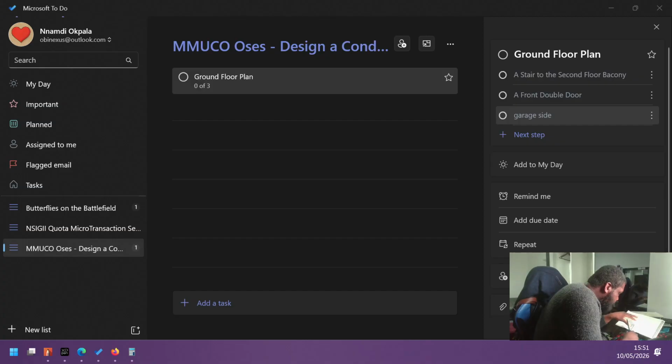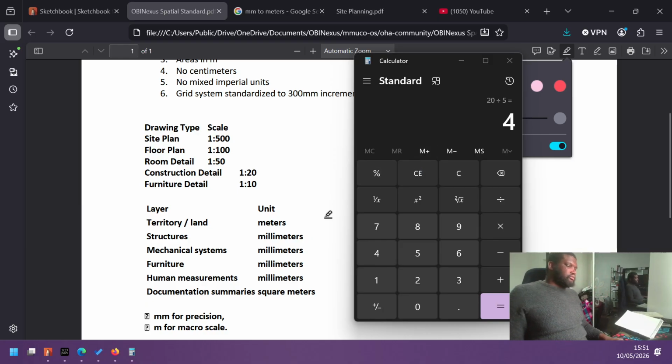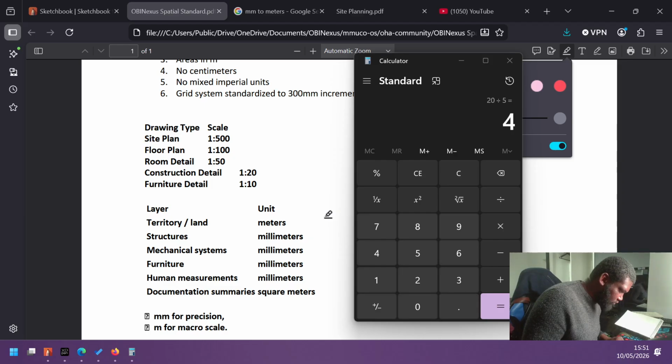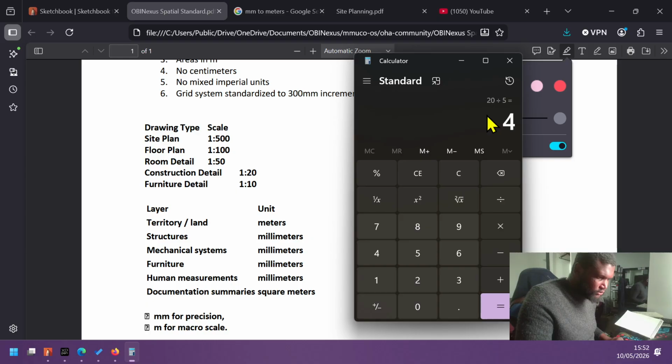So 15 divided by something else. 15 divided by 5 is 3. 3, 3, 3, 3.